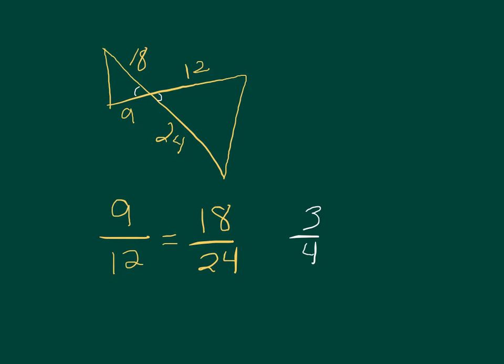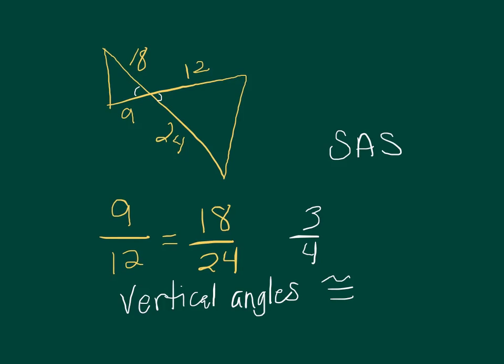And how do we know that? Do you remember? Those are called vertical angles. And vertical angles are always congruent. So, we have proved these two triangles are similar now because of SAS.